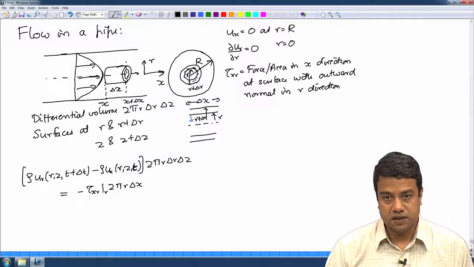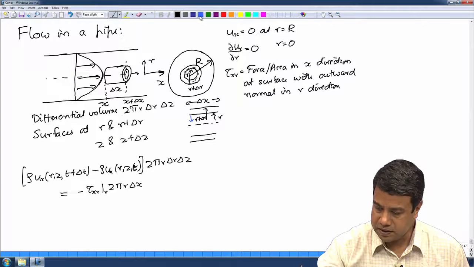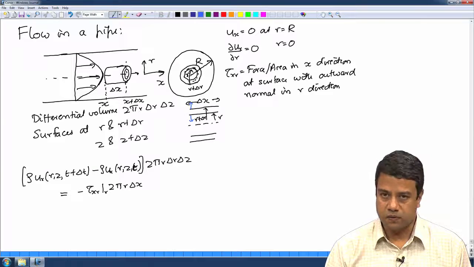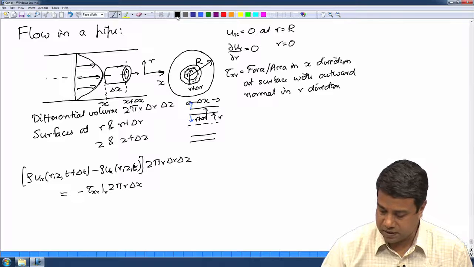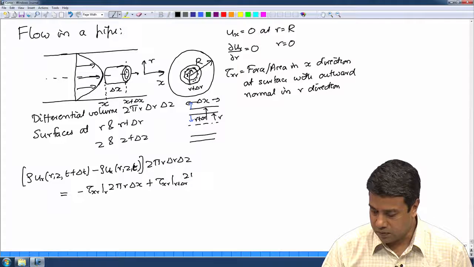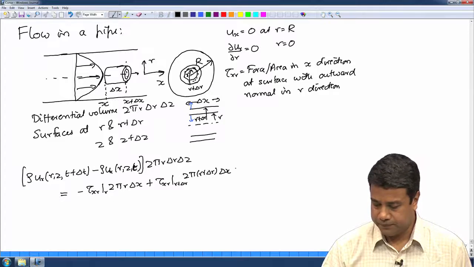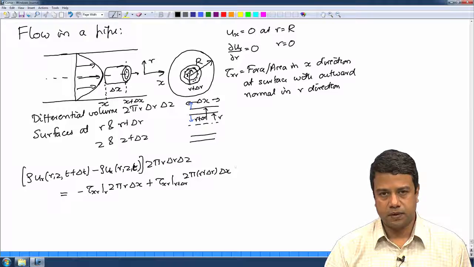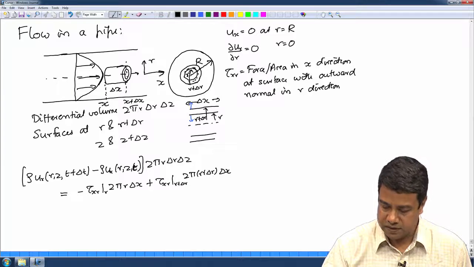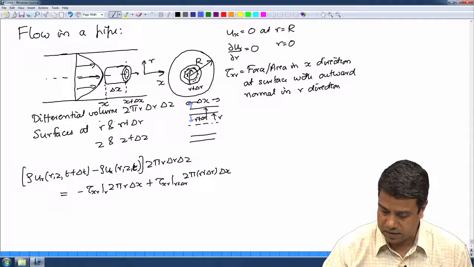At the outer surface, the outward unit normal is in the plus r direction. Therefore, the force exerted is equal to plus tau x r at r plus delta r, times 2 pi into r plus delta r into delta x. So, those are the forces at the two surfaces r and r plus delta r.